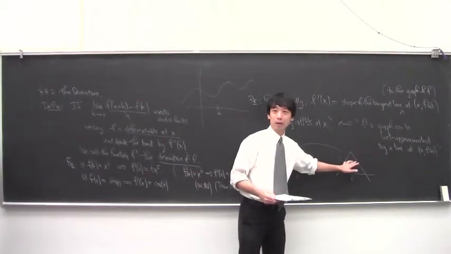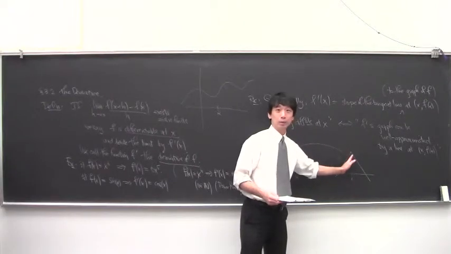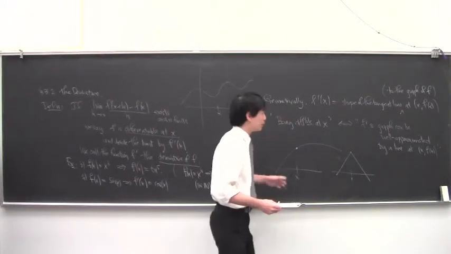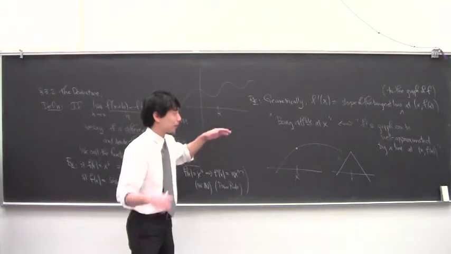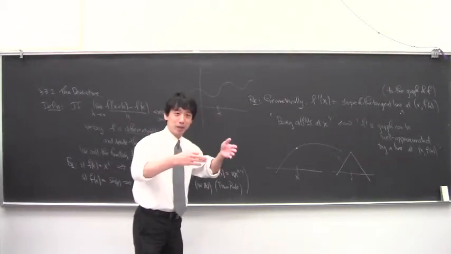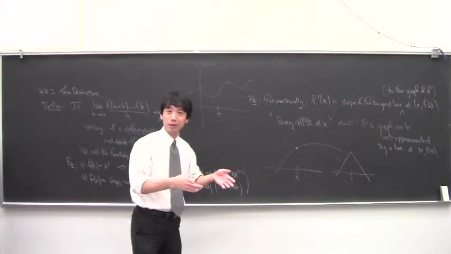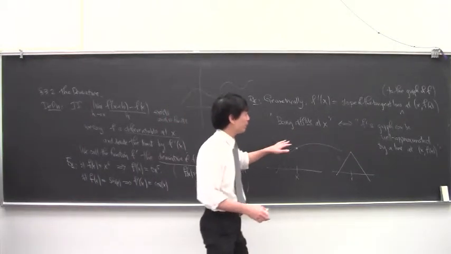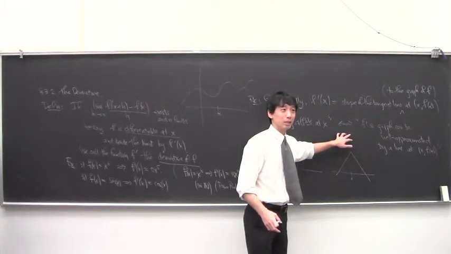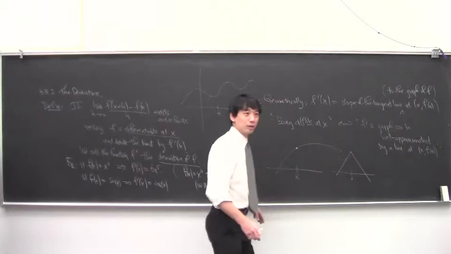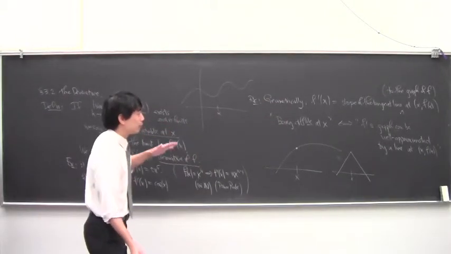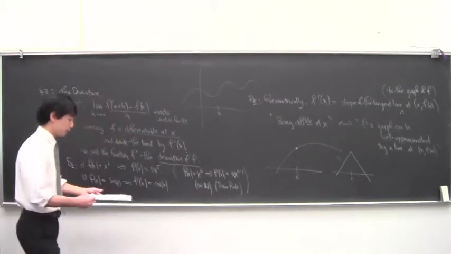This is an example of something that's not differentiable at a point. So what this basically means is, as you zoom in, it gets more and more line-like. That's roughly what differentiability means: your function is basically line-like.